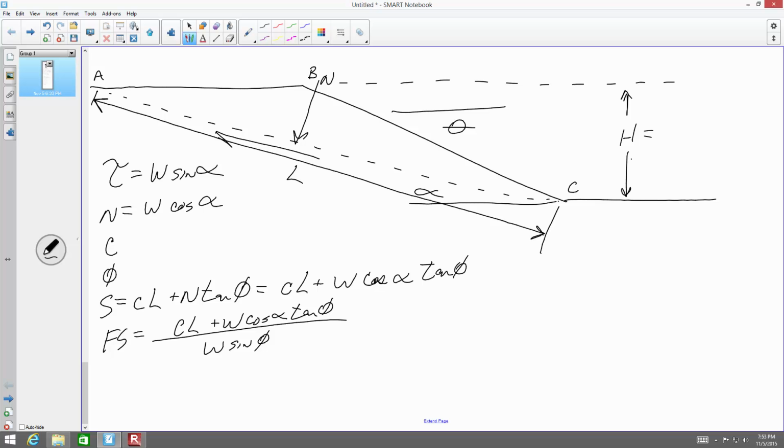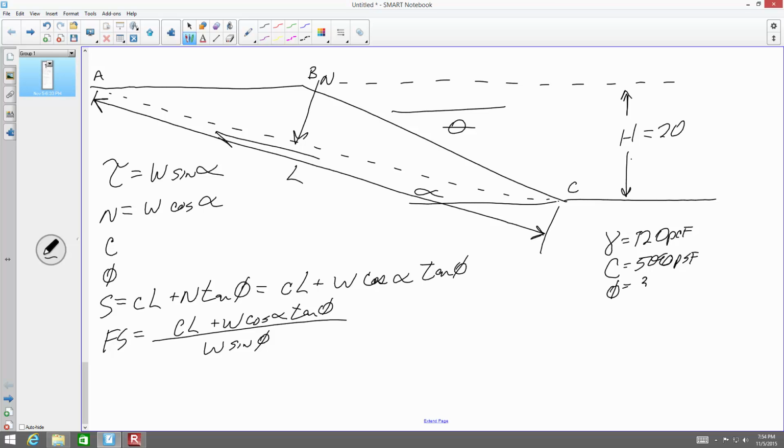So if you refer to the figure, we assume H is 20. Unit weight of the soil, write it down here, for the soil in this wedge, or this triangle. Gamma is 120 pounds per cubic foot. C equals 500 PSF.